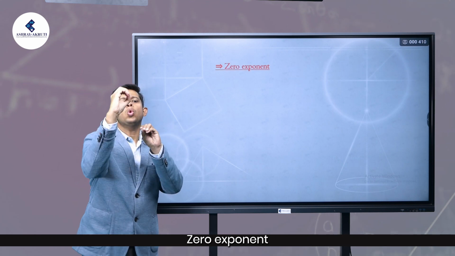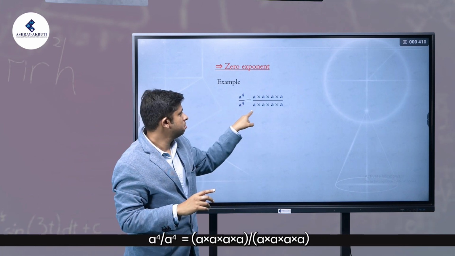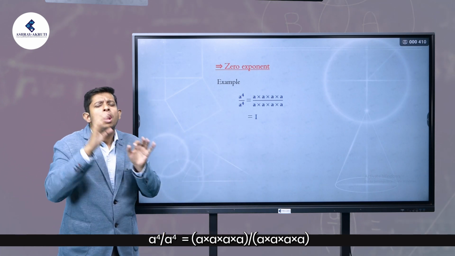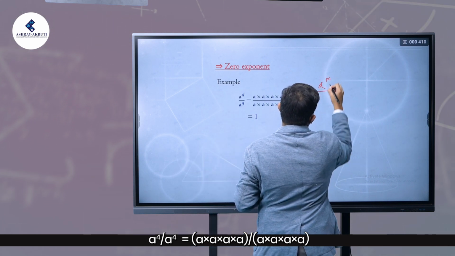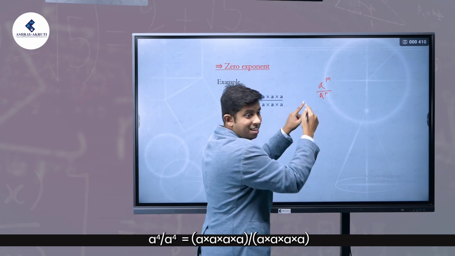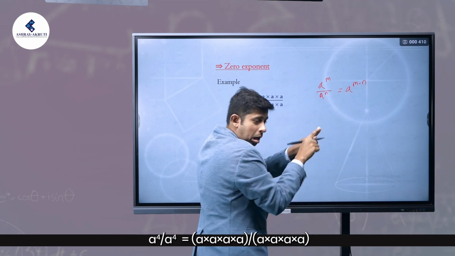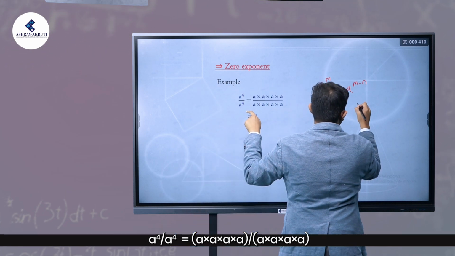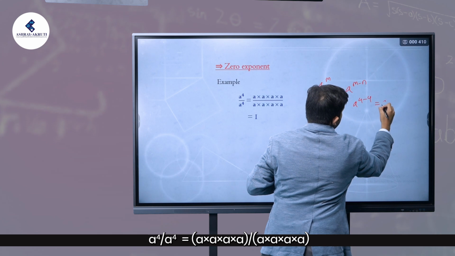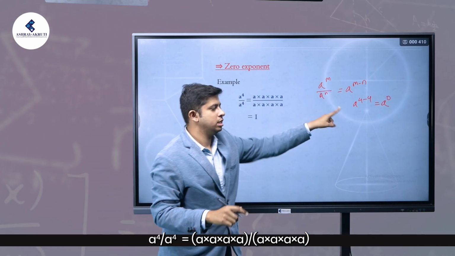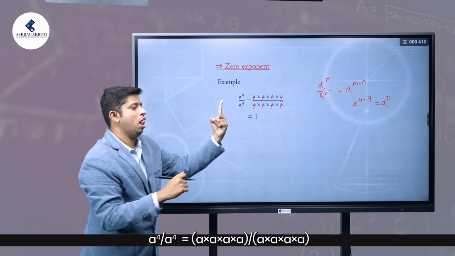Zero exponent. Consider an example. a to the power of 4 by a to the power of 4 is equal to a into a into a into a by a into a into a into a, equal to 1.